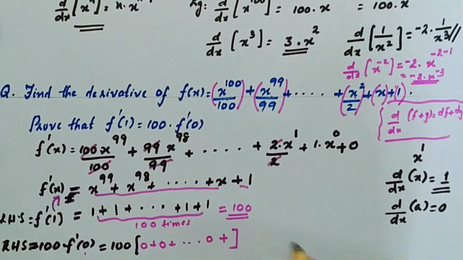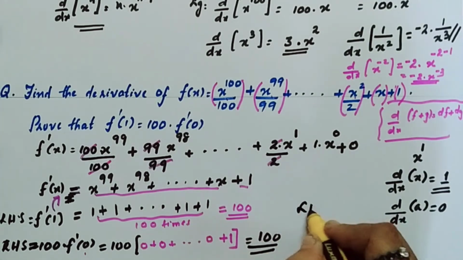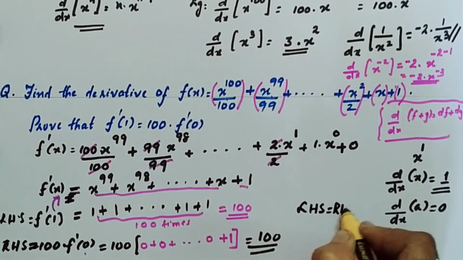So the last term here is 1, so the answer is 0 plus 1, that is 1. So 100 into 1 is 100. Thus LHS equals RHS. A very good question.